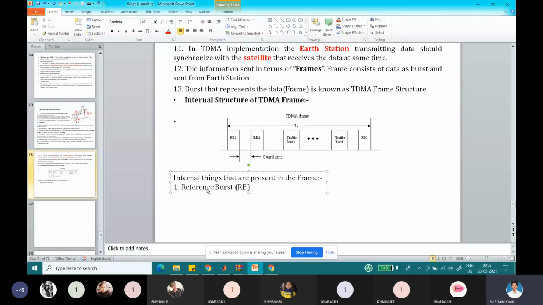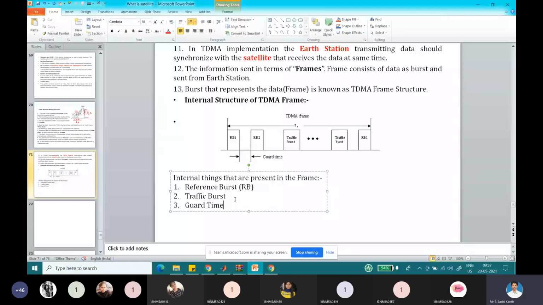The second one is called the traffic burst. These are the two things that are present internally. And the third one is guard time. The internal things present in the frame are the reference burst, traffic burst, and guard time.